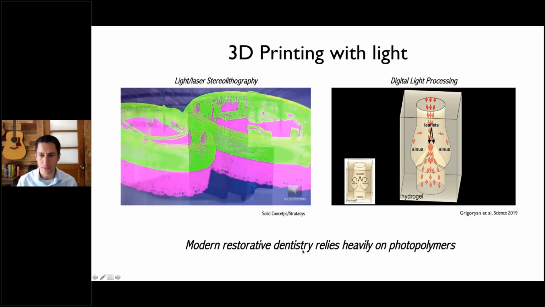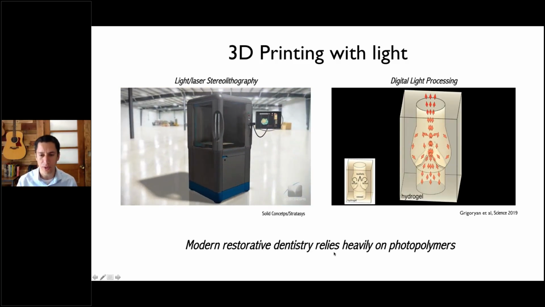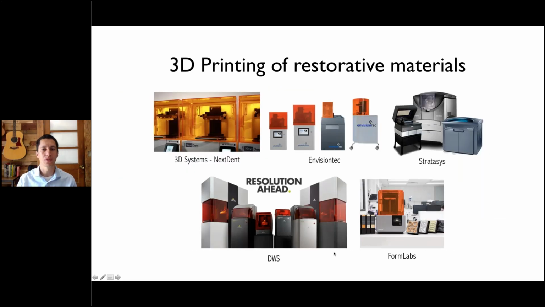So why is that relevant? Because modern restorative dentistry specifically relies heavily on photopolymers. There is a lot of interest in 3D printing different things that relate to dentistry, and you can go to several aspects that relate to different orthodontic appliances, as we just saw, different prosthodontic appliances, and especially a lot of different types of models and so on.